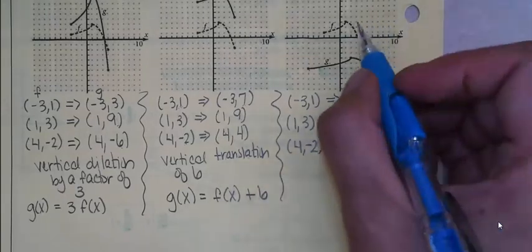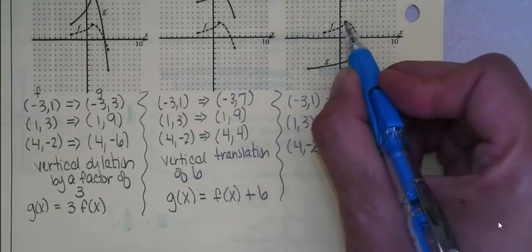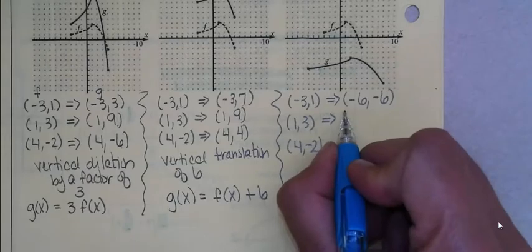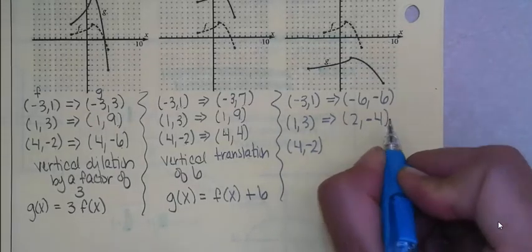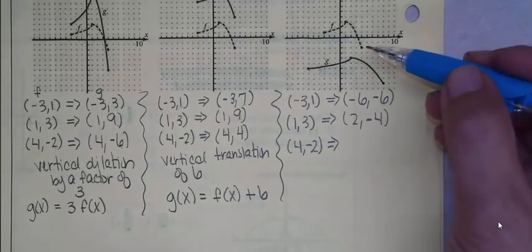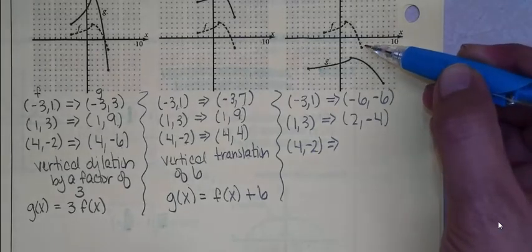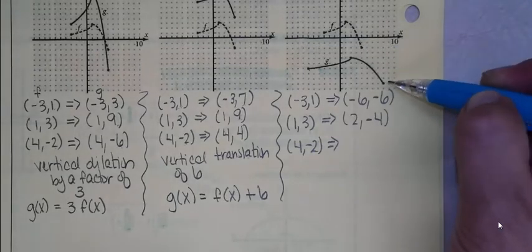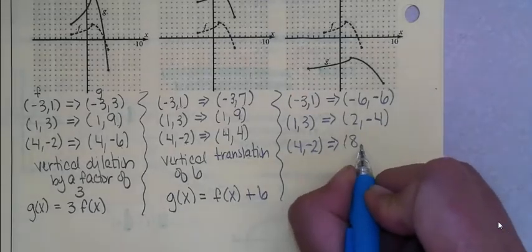My second point, 1, 3, turned into 2, negative 4. And my third point, which was originally 4, negative 2, turned into 8, negative 9.